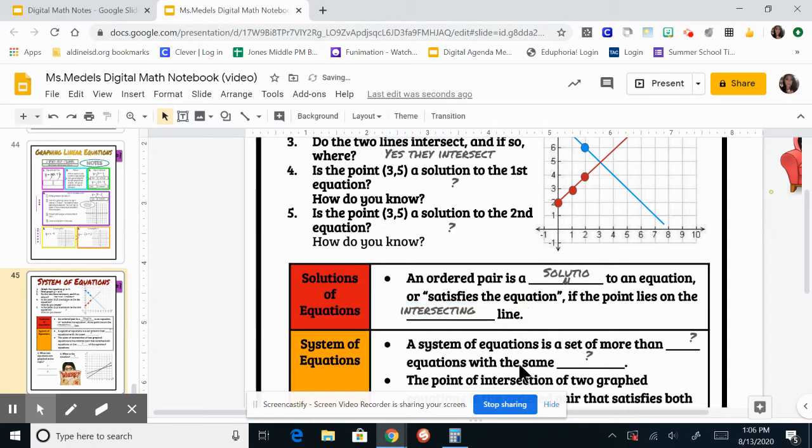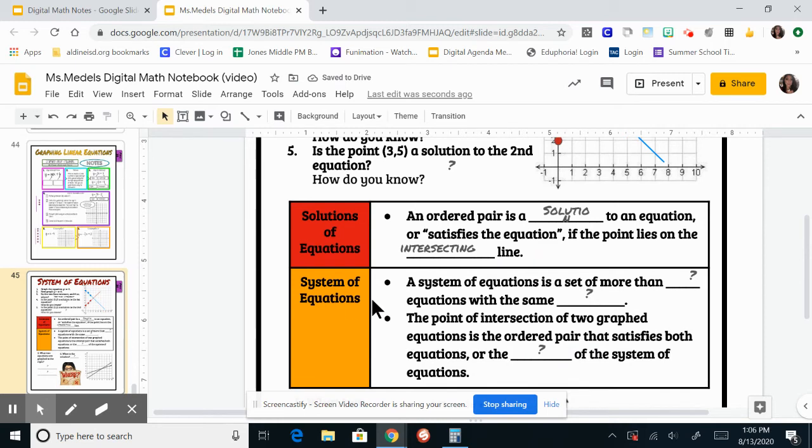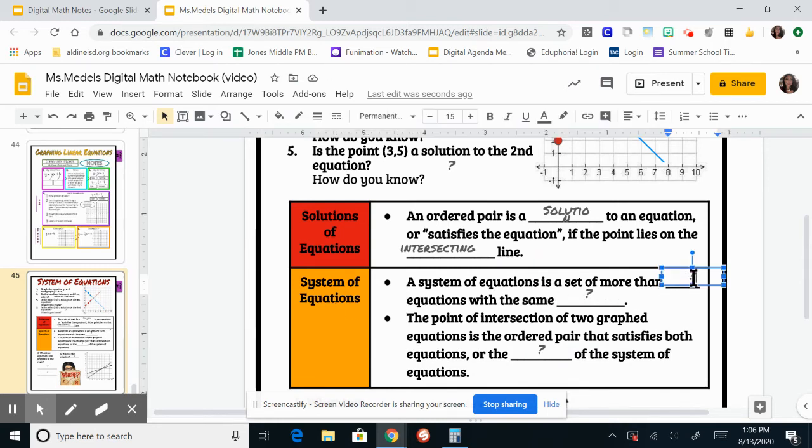Okay. So, system of equations. A system of equations is a set of more than one equation with the same solution.